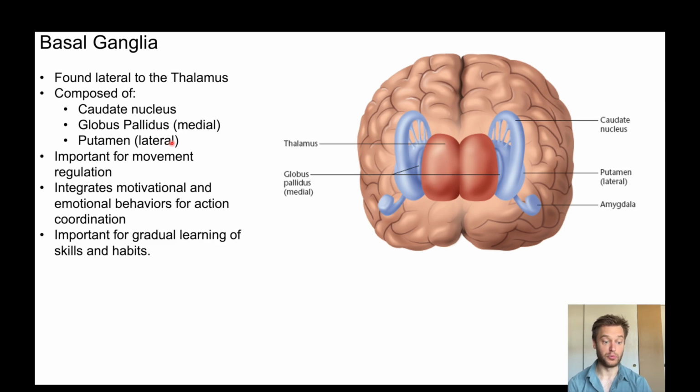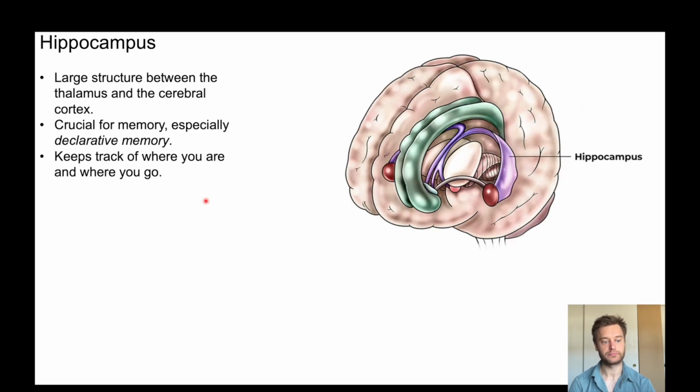It's important for movement regulation, and integrates motivational and emotional behaviors for action coordination. And it's important for gradual learning of skills and habits. So it doesn't say it here, but it also contains the striatum, which is part of the greater basal ganglia structures. So what you'll need to know here, though, is that the basal ganglia is important for movement regulation.